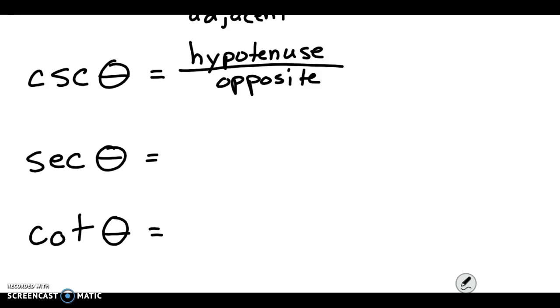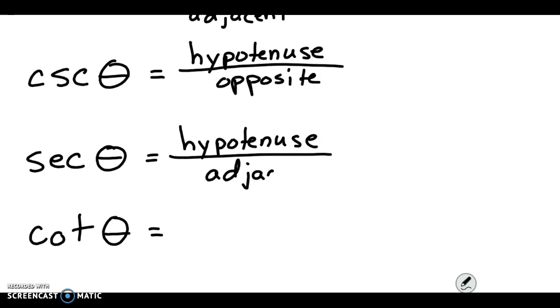Secant is hypotenuse over adjacent, which is cosine flipped. And cotangent is tangent flipped, which is adjacent over opposite. Now, you're not going to see these ones as often today.